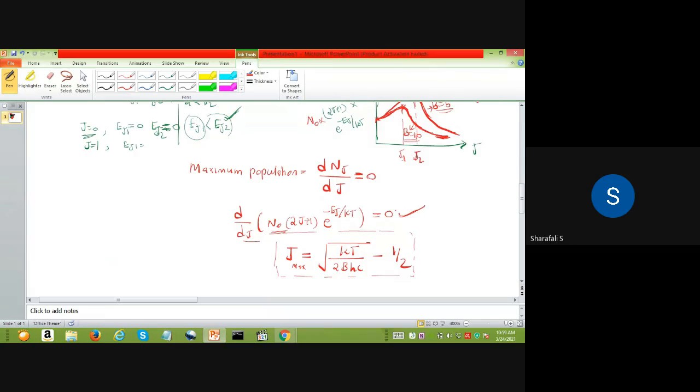Okay. So for example, if you want to calculate this population, as an example I will write here: for B equal to 2 centimeter inverse, and our temperature is 300 Kelvin. Room temperature is nothing but 273 plus 27, so 27 degrees Celsius.